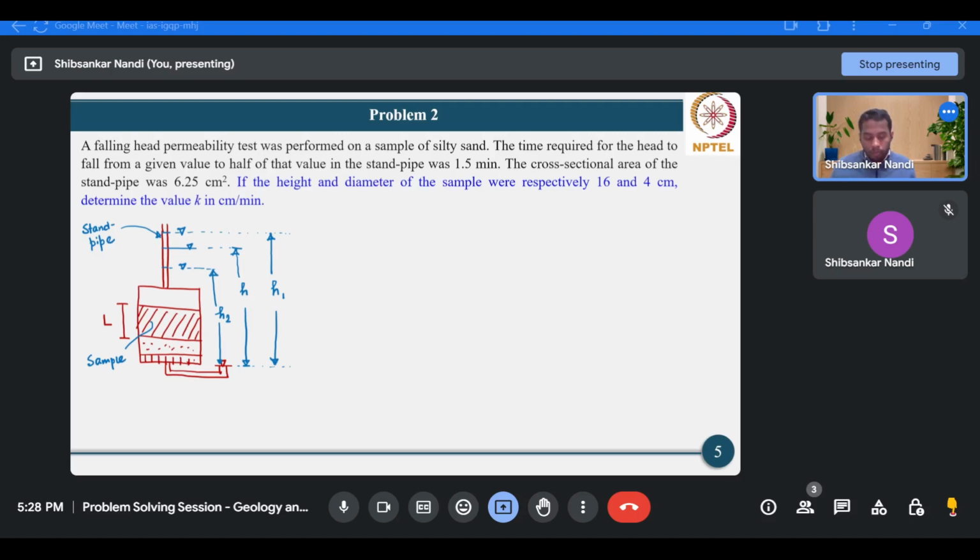However, for better accuracy, you can calculate K considering several pairs, and then take an average of these values. So this is the fundamental principle behind this test. Now we'll again go back to Darcy's law.